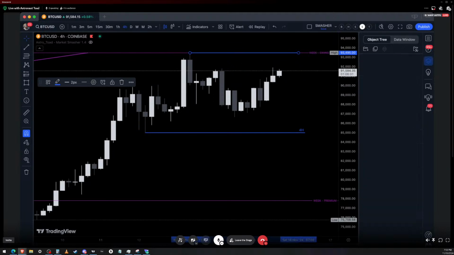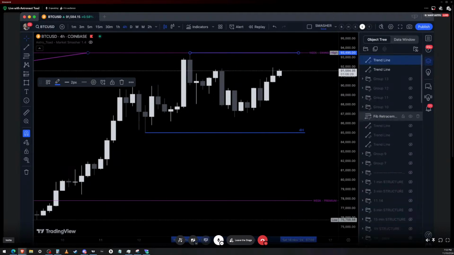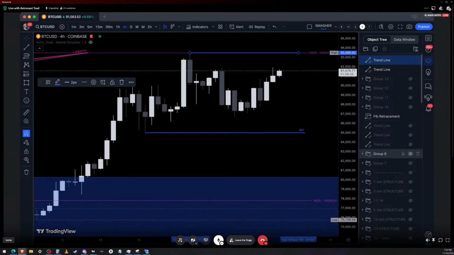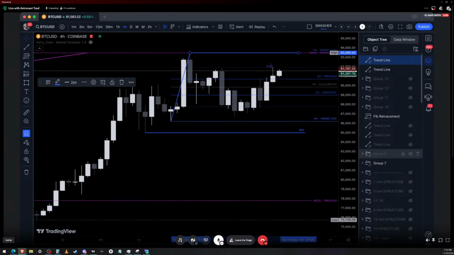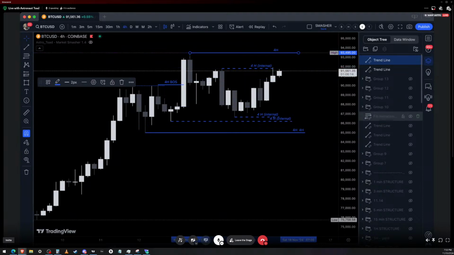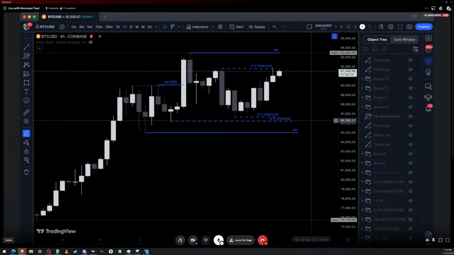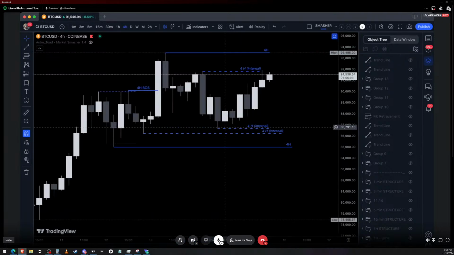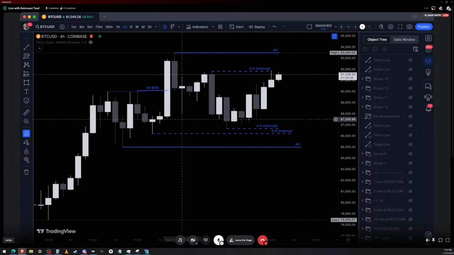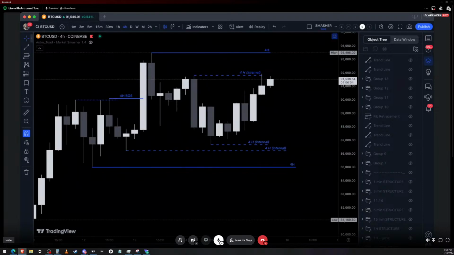I think I already drew this. Let's see if I can find it. There it is. Oh no, I put it in here. Here's your 4 hour structure. It's going like this.